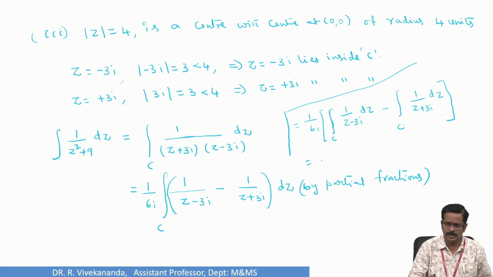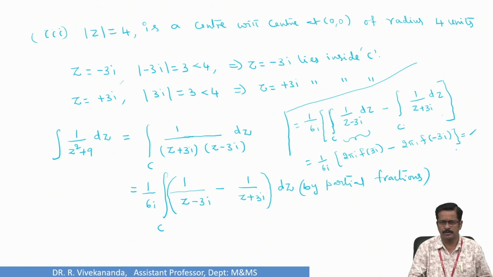As per Cauchy's integral formula, we write this as 2 pi i into f of 3i minus 2 pi i into f of minus 3i. You try to simplify this, you will get the value.